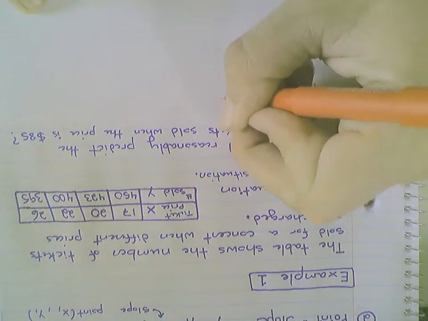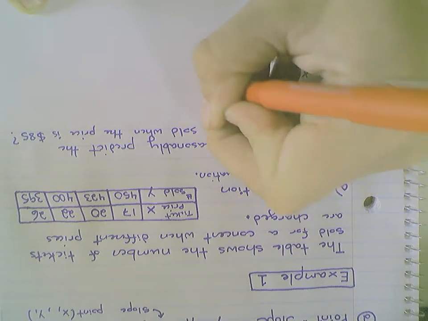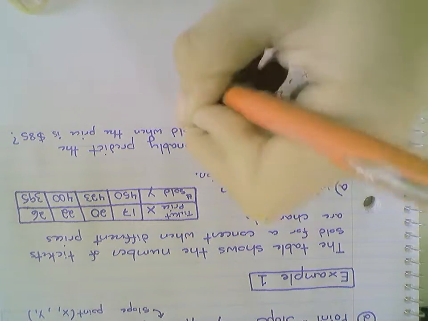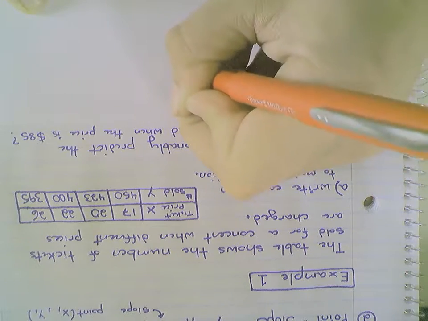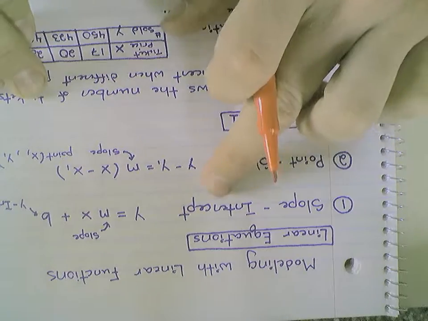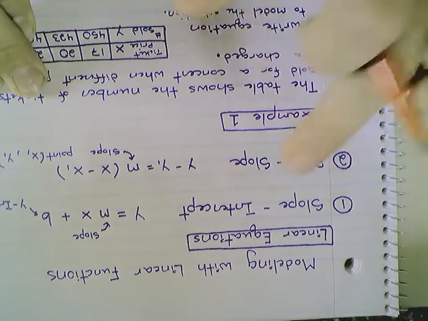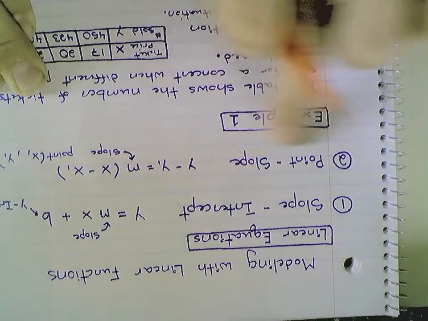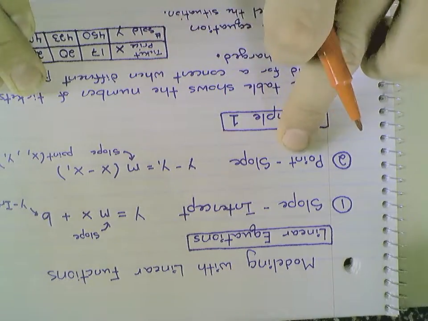I can think of that as the point 20, 423, 20 being the x and 423 being the y. Now, in order to write an equation, if I go back up to the notes, notice that I do not have an intercept, but I do have 2 points. So I'm going to use point-slope form to make the model of the equation.